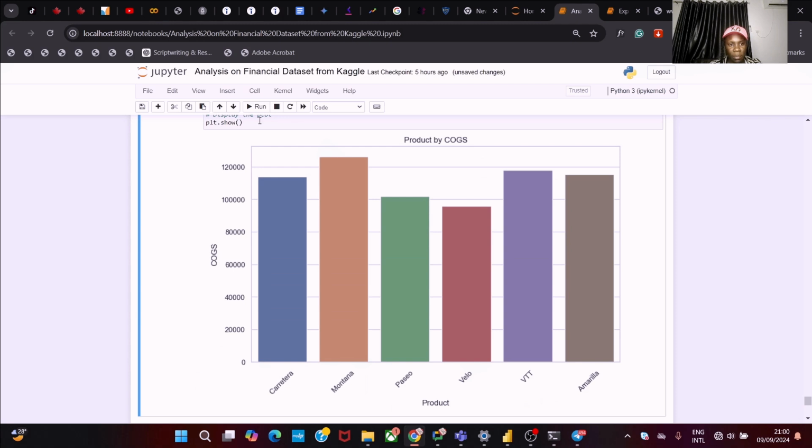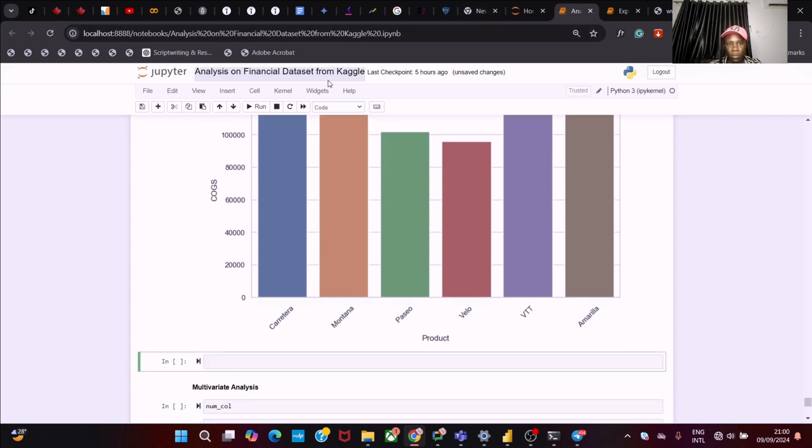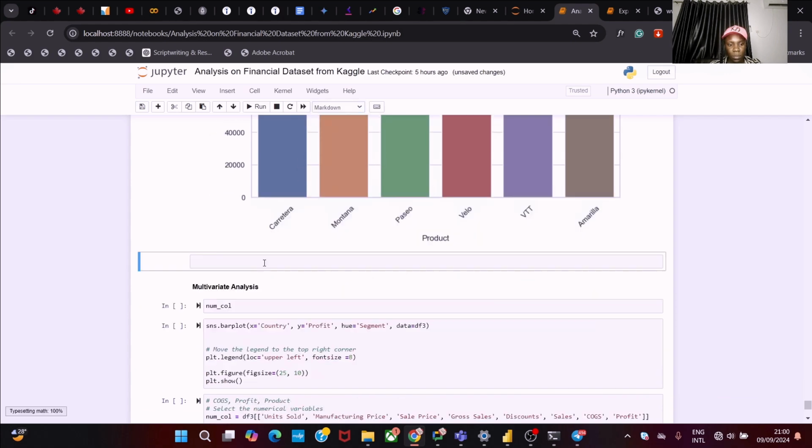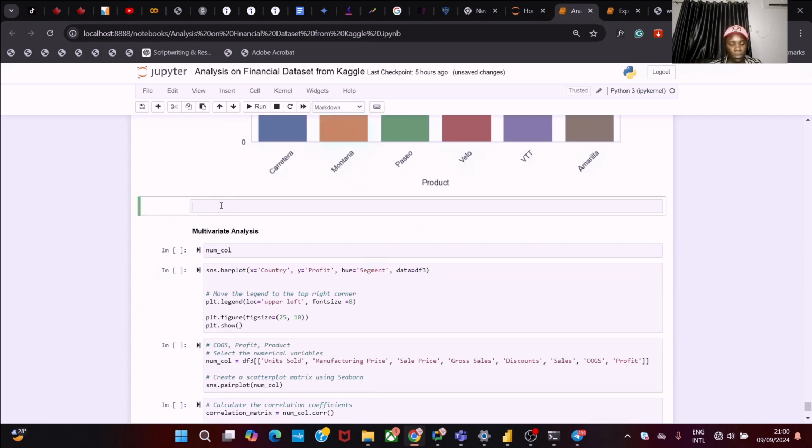Now let's go ahead and write the story for this. Montana has the highest cost of goods.